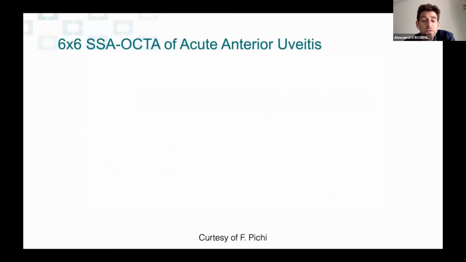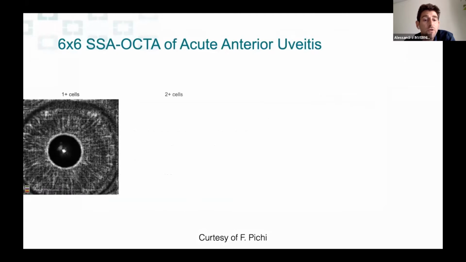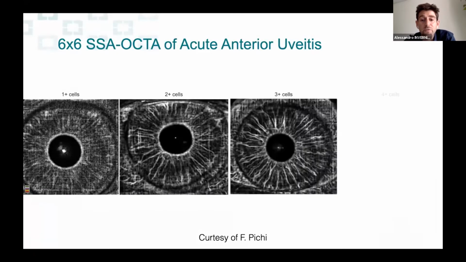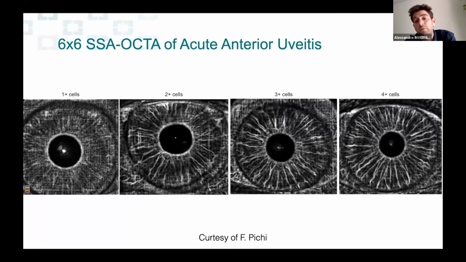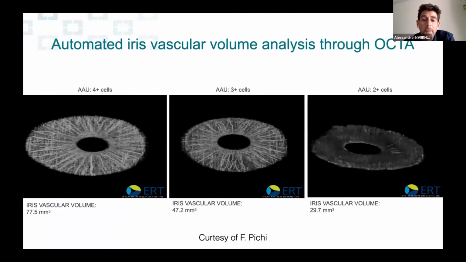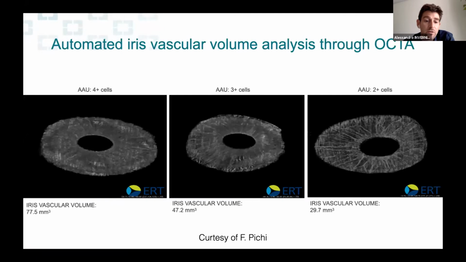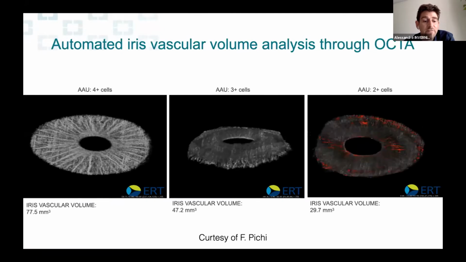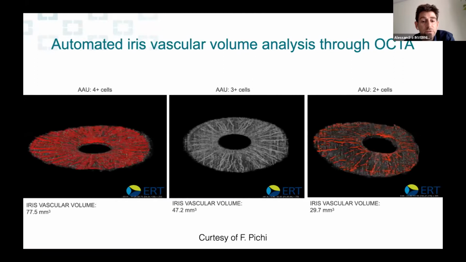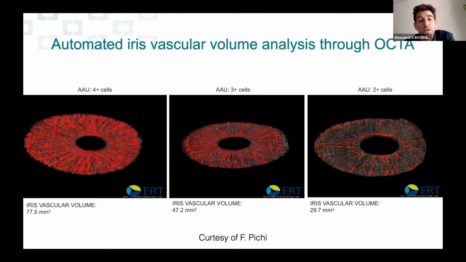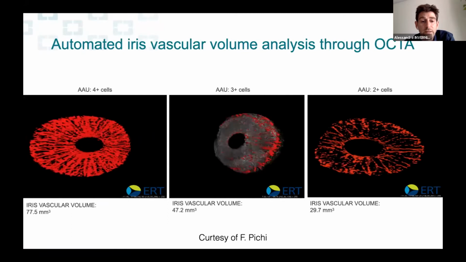In particular, what he describes is that according to the grading of the inflammation, so 1+, 2+, 3+, 4+ cells, in the vasculature of the iris we may not see the leakage, but we definitely see larger vessels, so vessels increased in density and in size. An even more advanced technology allows us to assess the volume of the vasculature in the iris, and this increases according to the inflammation inside the eye.